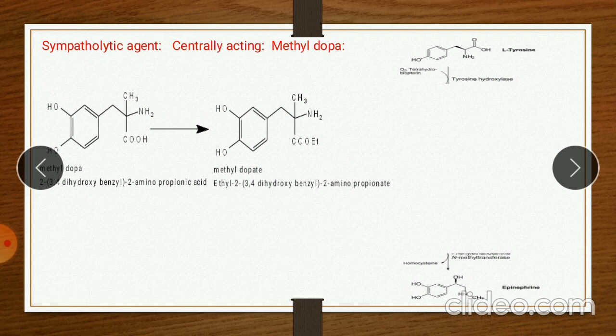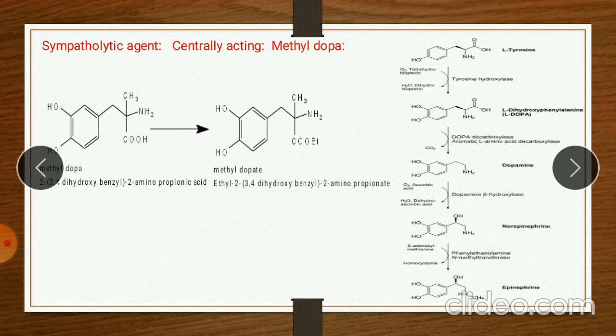If you see the structure of methyldopa, it is an analog of L-dopa. This is L-dopa. The only difference between L-dopa and methyldopa is this methyl group. In methyldopa, the methyl group is present, but in L-dopa there is no methyl group. Both are catecholamines, meaning they contain a catechol nucleus and an amine NH2 group.